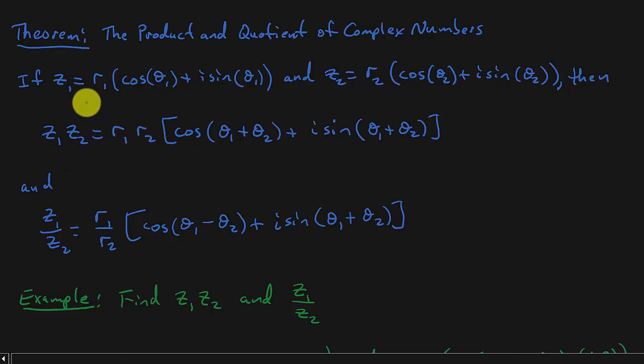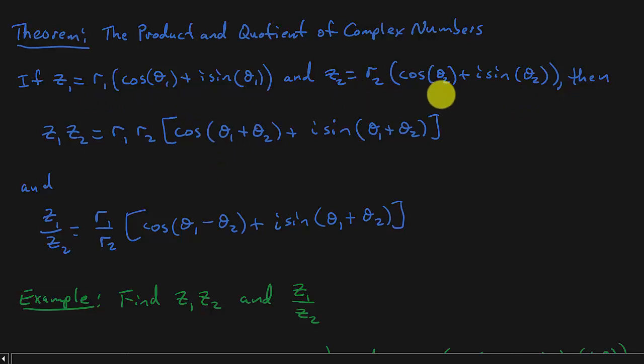That's r1 times r2 times the cosine of theta 1 plus theta 2 plus i sine of theta 1 plus theta 2. That's it. So you multiply the two r's together, and then you add the angles.